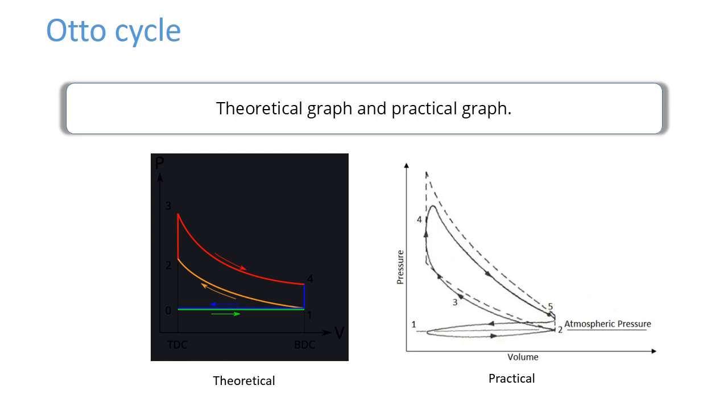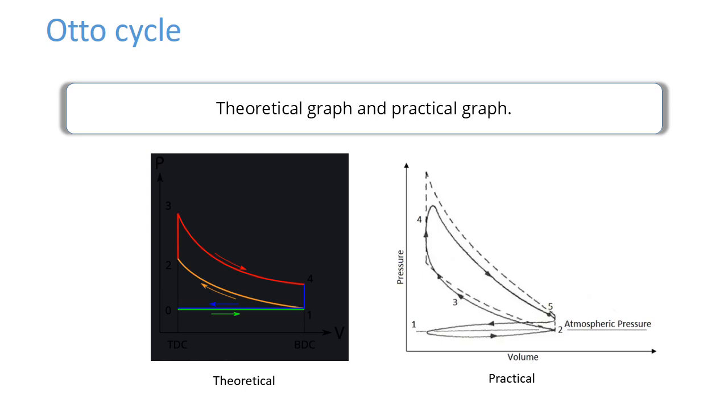In the next process the compression will happen, where the volume will be decreased and the pressure will increase. You can see those curves, which are represented in orange in the graph and shown as process 3 in the actual graph. After that the combustion will occur at constant volume and the pressure is increasing.